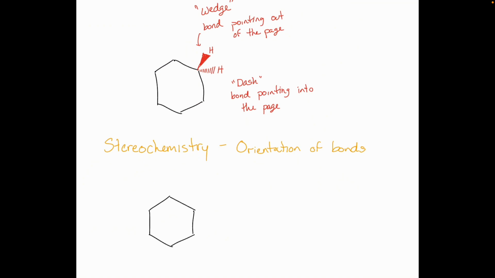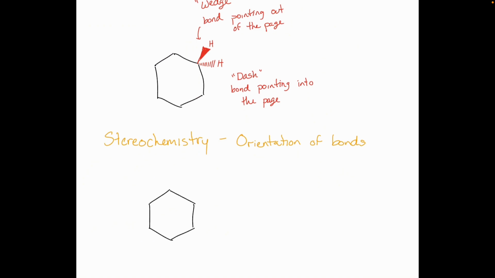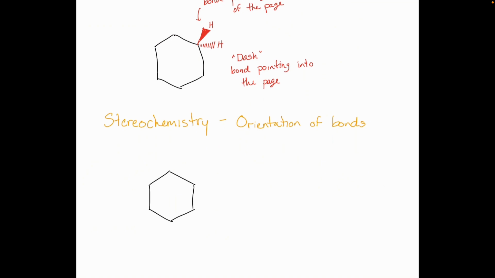Let's say that I have 2 methyl groups on this cyclohexane here. 2 molecules, but in one of them, both of those methyl groups are sticking out of the page on these wedged bonds.